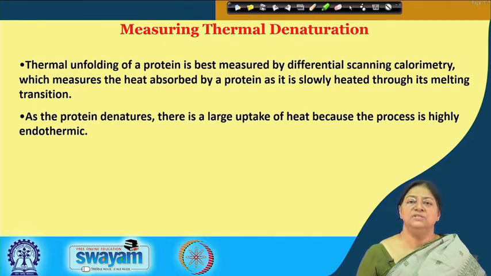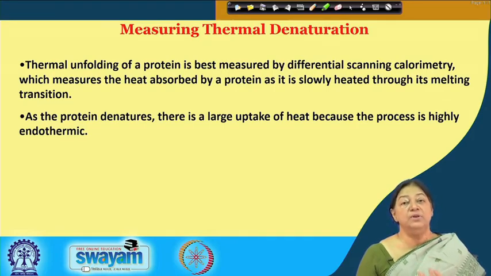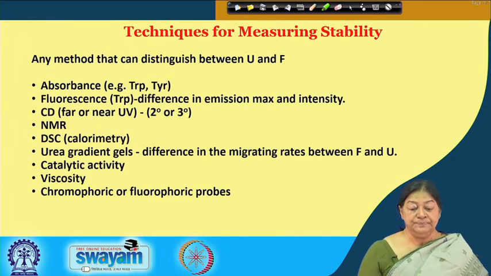Now, if the protein is denatured, what does it mean? It means that there is a disruption in the structure of the protein. It means that the aromatic amino acid residues could be exposed. As they are exposed, the absorbance will increase, and the amino acid residues will see more of the light, and they will be able to absorb more light.